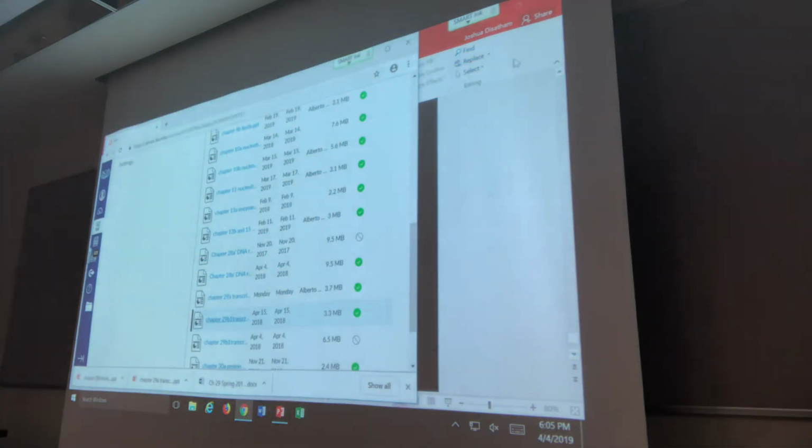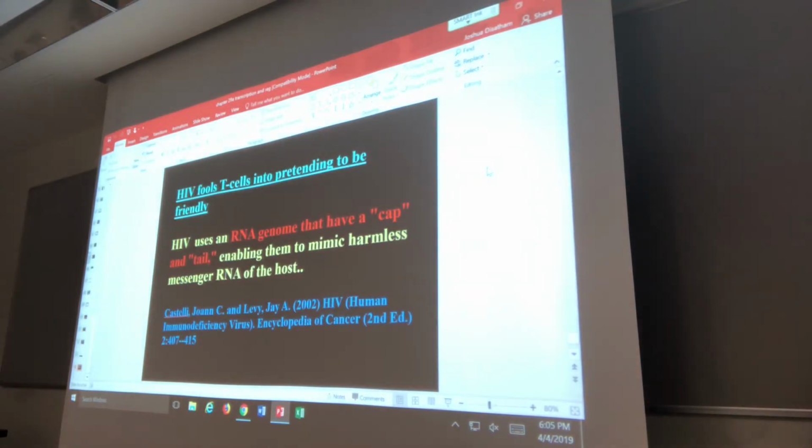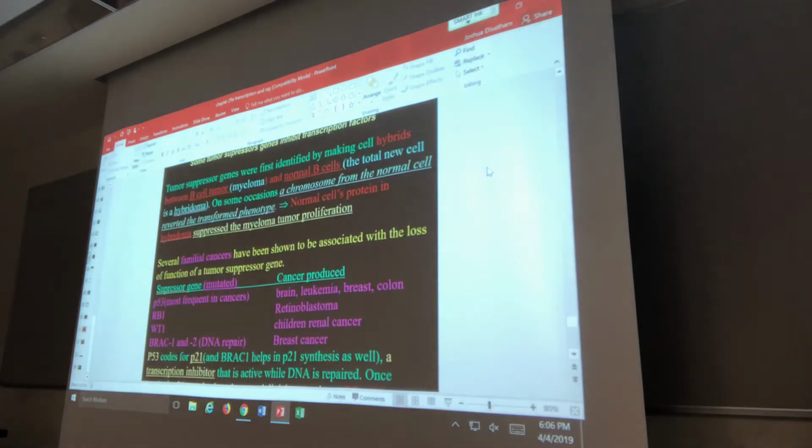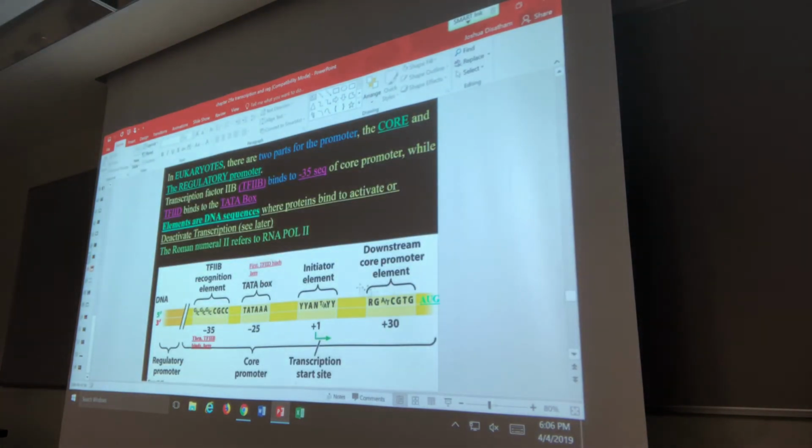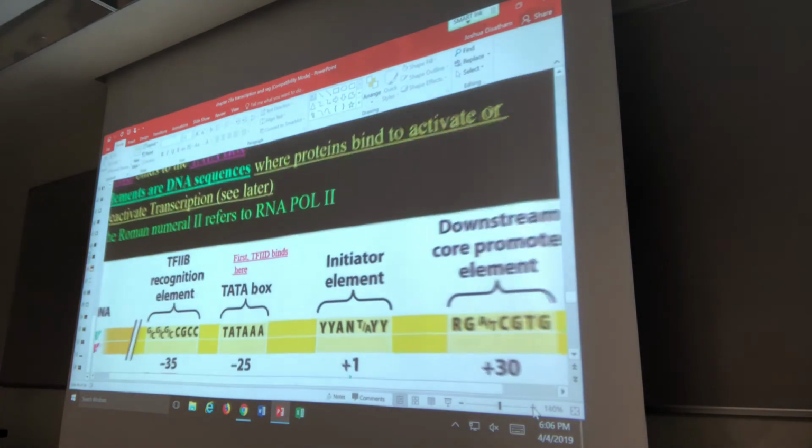Question, yes? So, in terms of those transcription factors, we don't need to know the specific ones and what they bind to? Yeah, the only one that sometimes is asked about, let me pull it up for you, is TFIID. Yeah, this one right here. Let me zoom in.